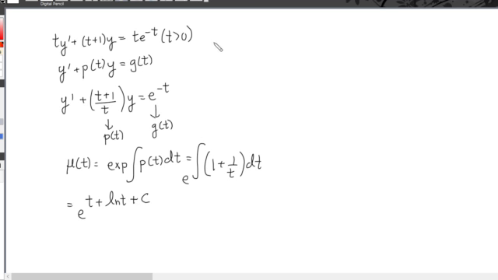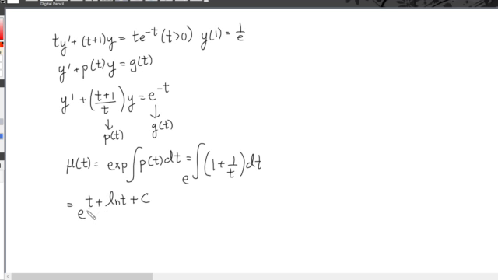Oh, actually, let's also make this an initial value problem so that we can actually solve for c. So let's say y of 1 is 1 over e. If we wanted to solve for c, all we have to do is plug this in for y, which we will do after we find the integrating factor.